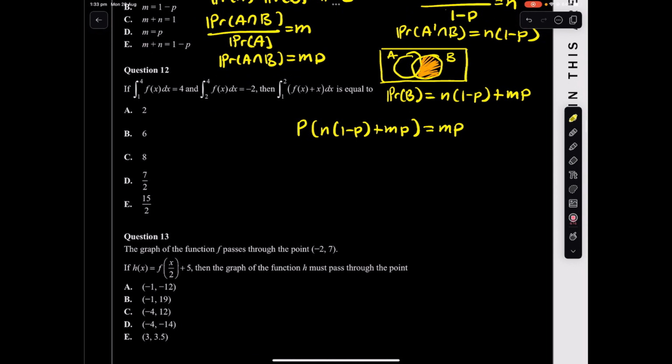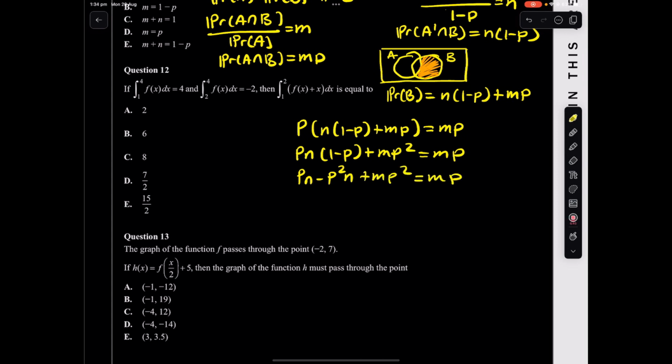Okay. So let's expand that. We're saying PN(1 minus P) plus MP squared equals MP. Then PN minus P squared N plus MP squared equals MP.